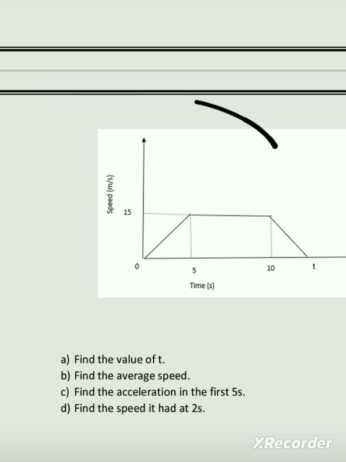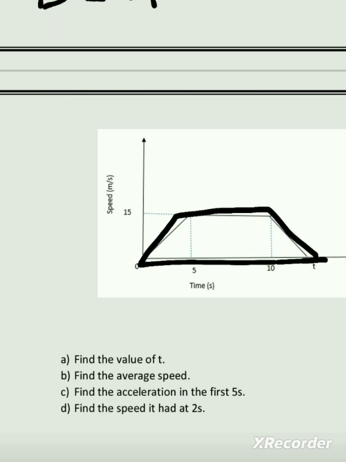Let's try to find the total distance of this shape. So distance is equal to area. What shape is this? It's again the trapezium, where our A is from here to here, meaning t minus 0. So our A is t.